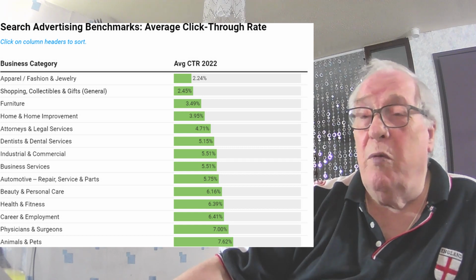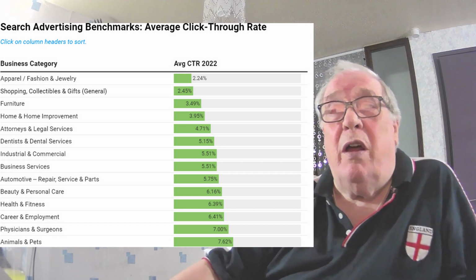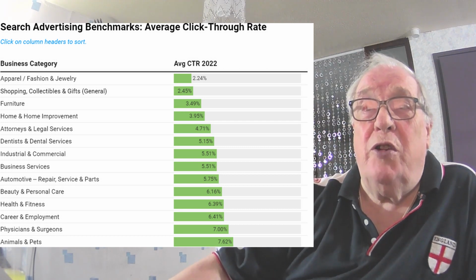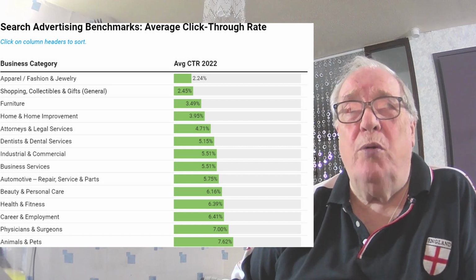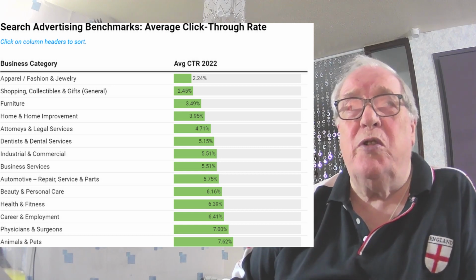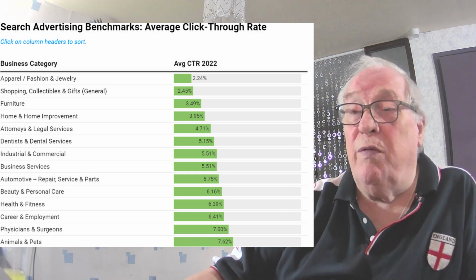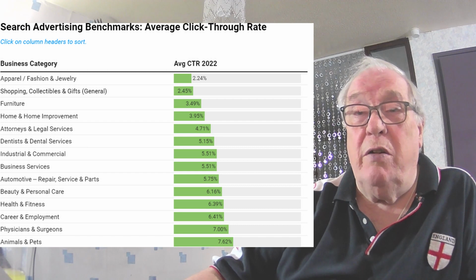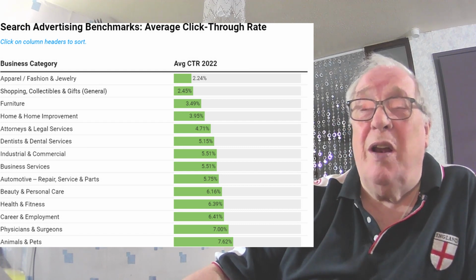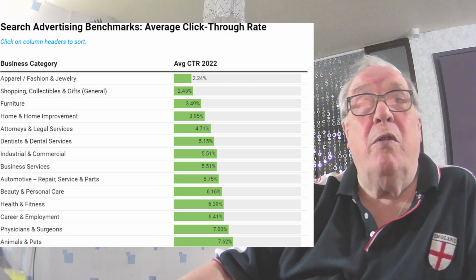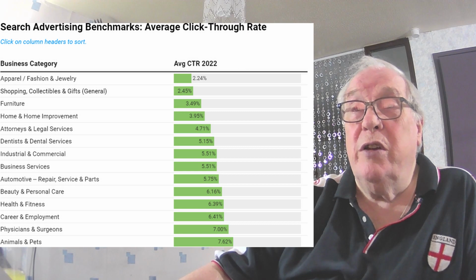A click-through rate of 1% means that 1 out of every 100 people who see your ad click on it. Click-through rate is important because it's used to determine your expected click-through rate, which is factored into your quality score, which impacts your cost per click.